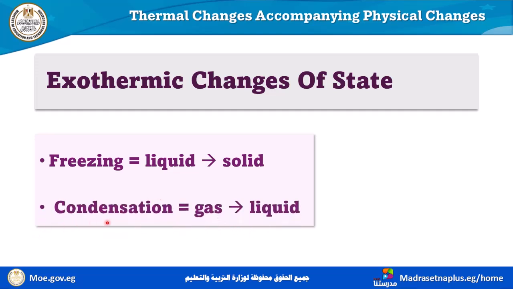Also the condensation, which is the change of the gaseous state of a substance to the liquid state by cooling. This is called the condensation process, and both of them are exothermic changes in which heat is released.